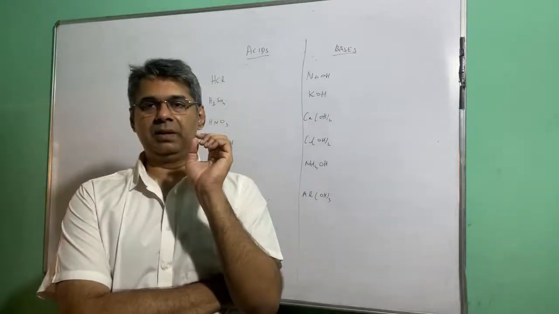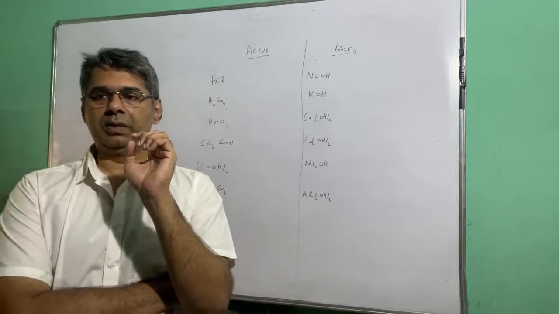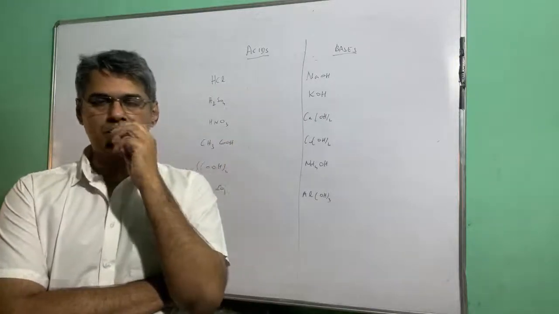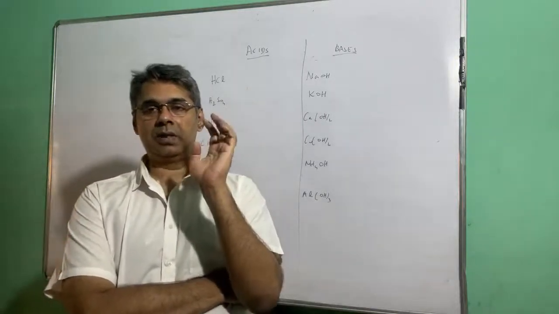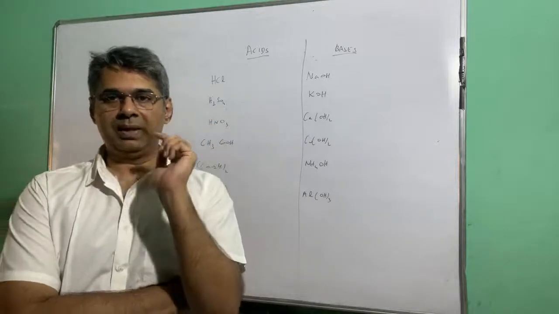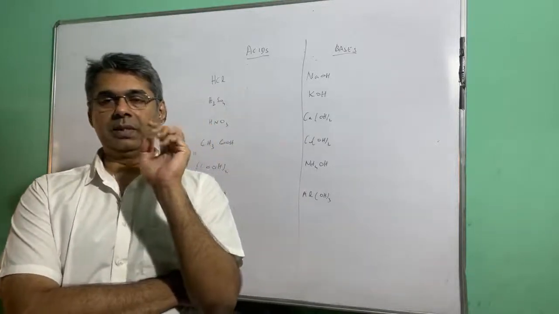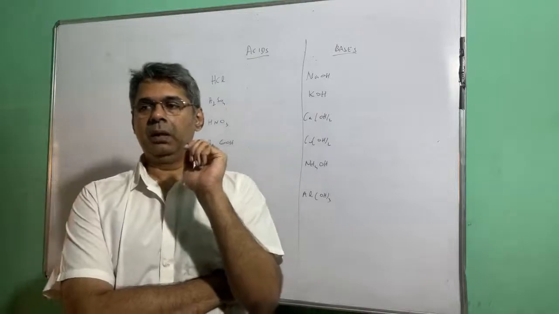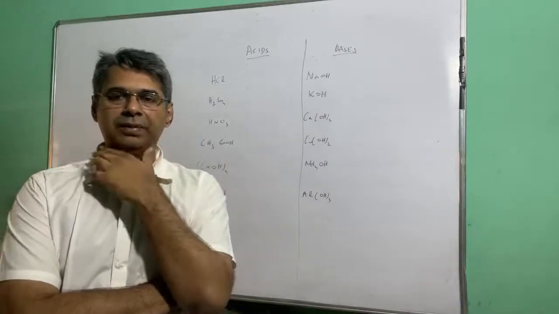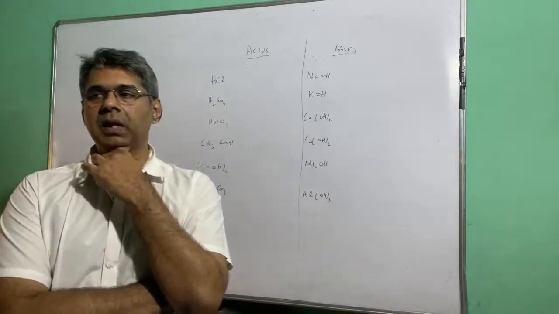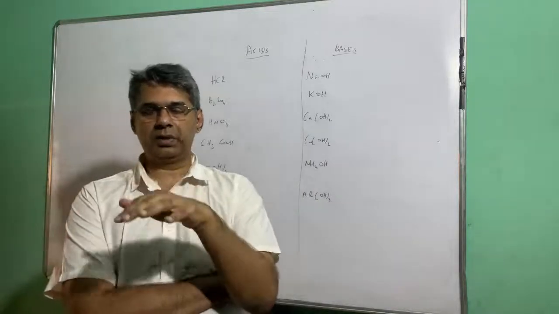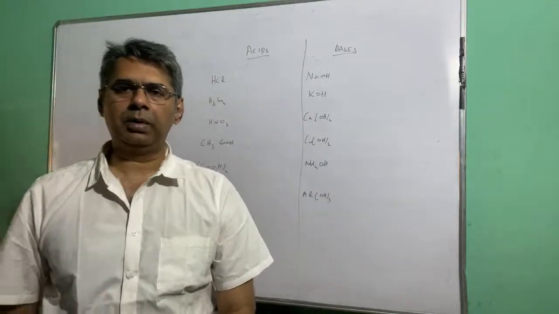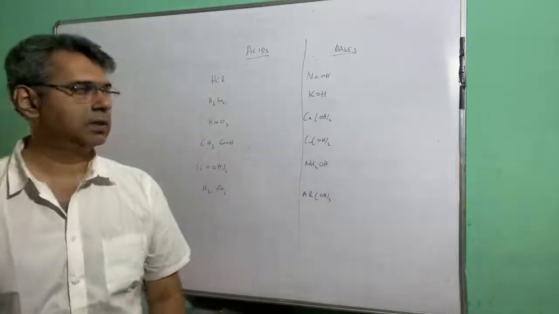And the most basic definition of a base is that if you put that substance in aqueous solution, then it will release hydroxyl ions, OH minus ions. So this is the most basic definition. But there are other ways of defining an acid and base, and we will of course talk about them as we progress in our sessions.